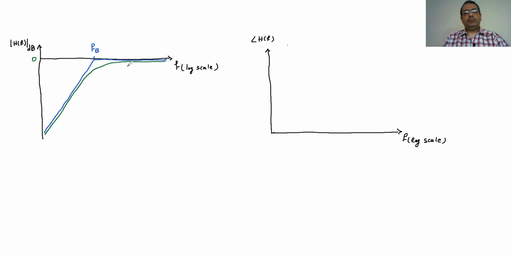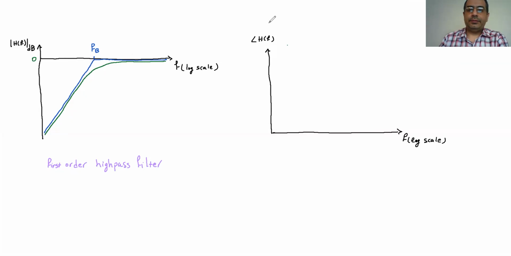As I said, this is the first order high pass filter. It's supposed to let the higher frequency pass through without any change, and then reject the signal with lower frequency, which it does here.